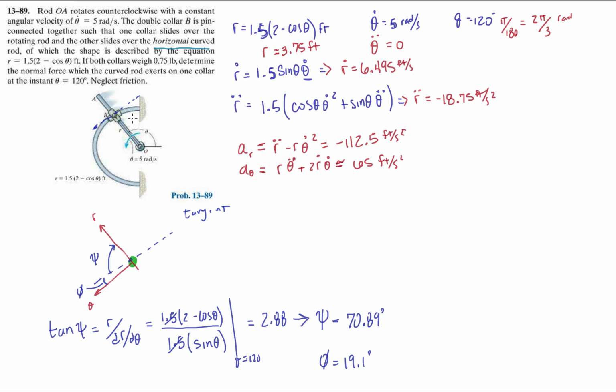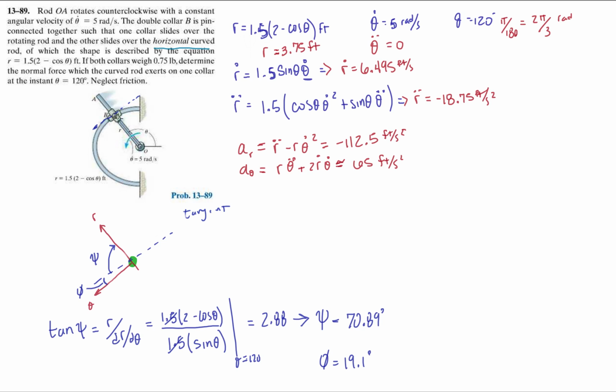So we're not looking at the weight, so we don't have to take into account the weight. What you have to take into account, though, is the normal forces that are acting on collar B. So we have the normal on collar B, exerted by, just the, what's it called?